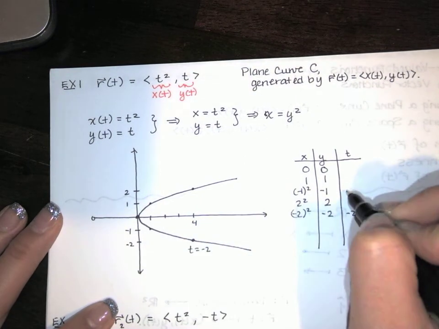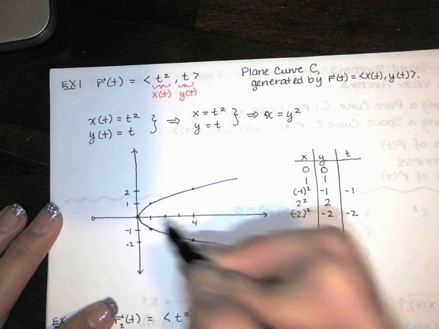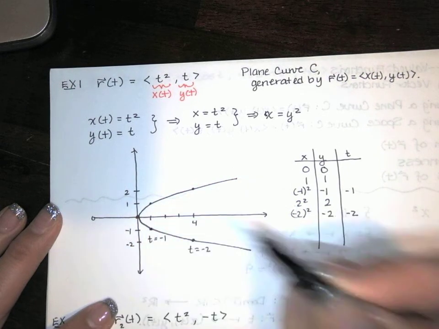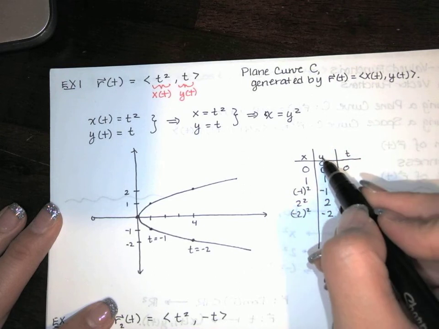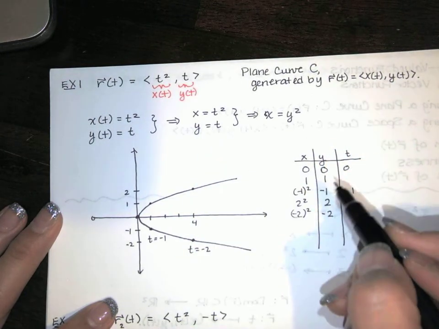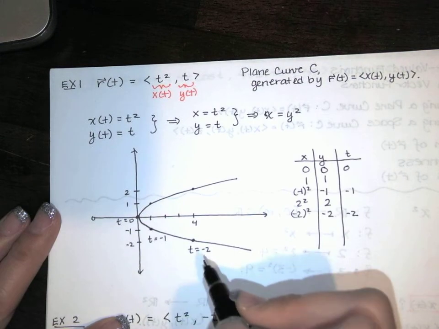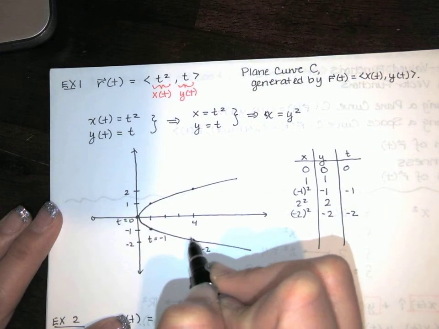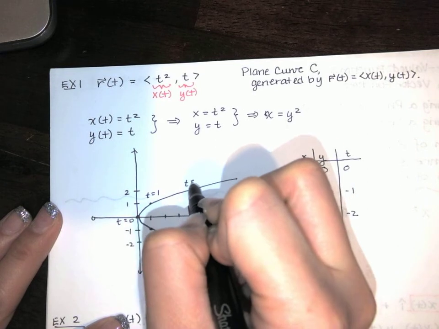And when t equals negative 1, that's when y equals negative 1, and x equals positive 1. So we're there. And when t equals 0, y equals 0, because y and t are the same thing, and x equals 0. So it looks like as t increases, we're going t equals negative 2, t equals negative 1, t equals 0, t equals 1, t equals 2.